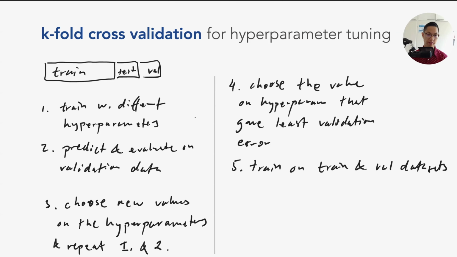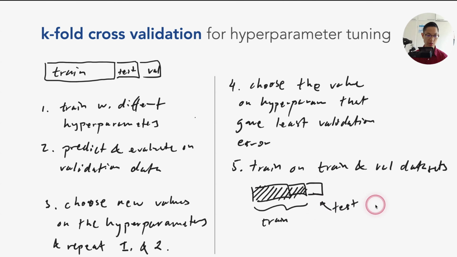And 5, we train on the training and validation dataset with that hyperparameter. Here we train on all the training and validation, and then we evaluate on the test set. This is k-fold cross-validation. In scikit-learn, you will see something called CV, and then you know it's cross-validation.